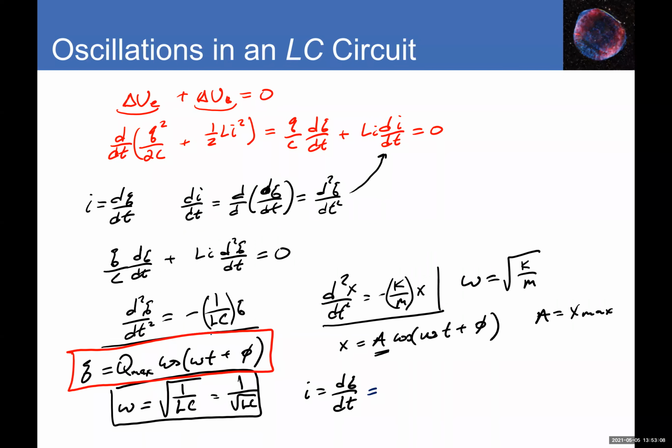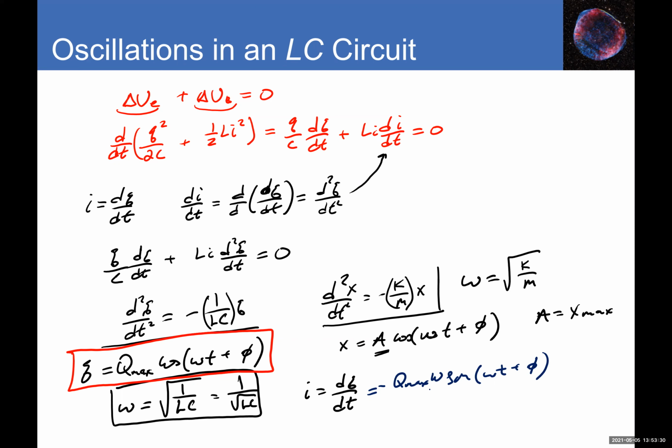That means if I take the derivative of q max cosine of omega t plus phi, I get q max, then the derivative of the cosine, which is negative sine of omega t plus phi, then the derivative of the argument inside, which gives me omega.